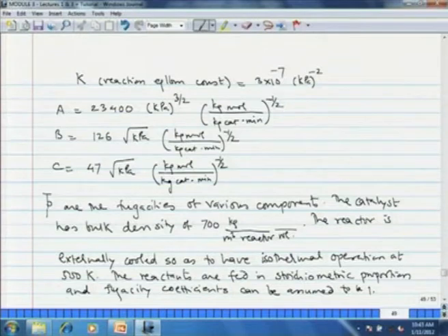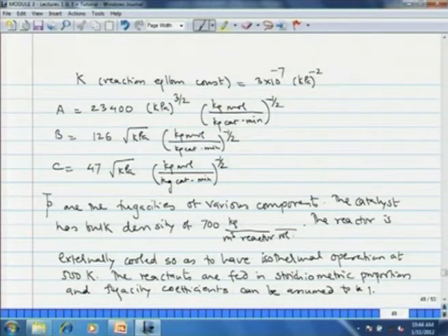The unit remains the same for the others: for B the value is 126, unit is root kPa into kg mole divided by kg catalyst per minute raised to minus half. C is 47 root kPa, kg mole per kg catalyst per minute raised to minus half.